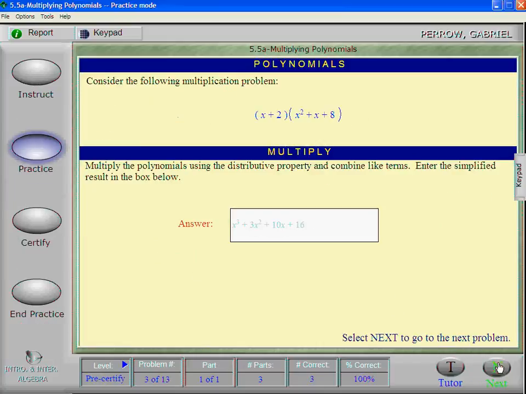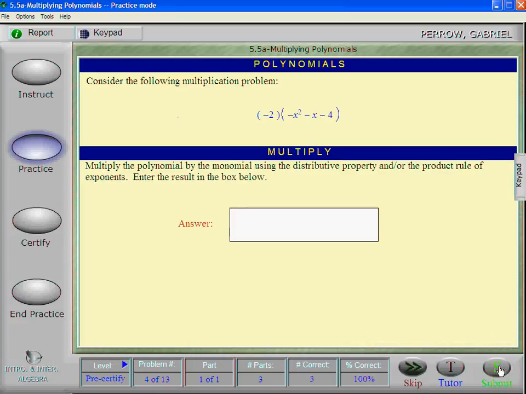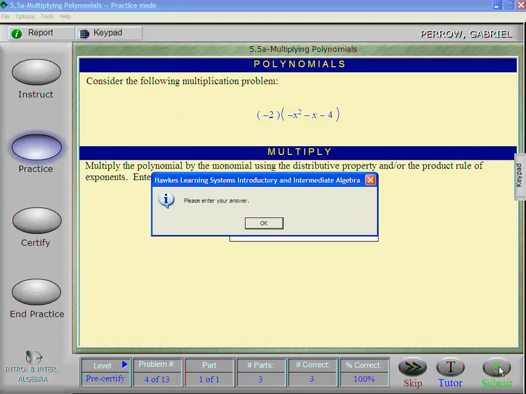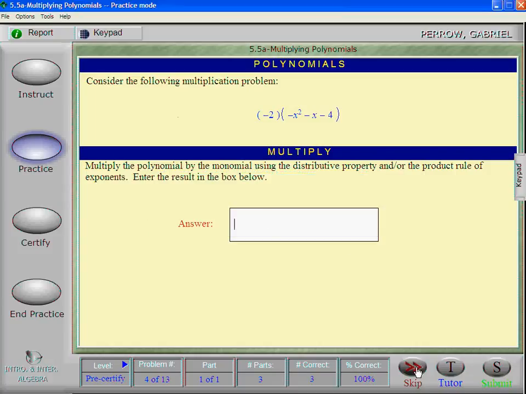Okay, let's see if we can find anything else that might help us out. I think that's more of the same. We could do this one. They kind of threw this in the mix, but really what you have is a monomial times a monomial. So remember that you're not going to have to do any distribution where you try to get at each term.